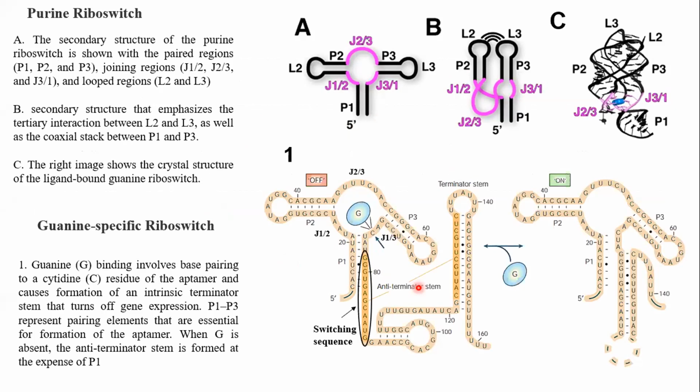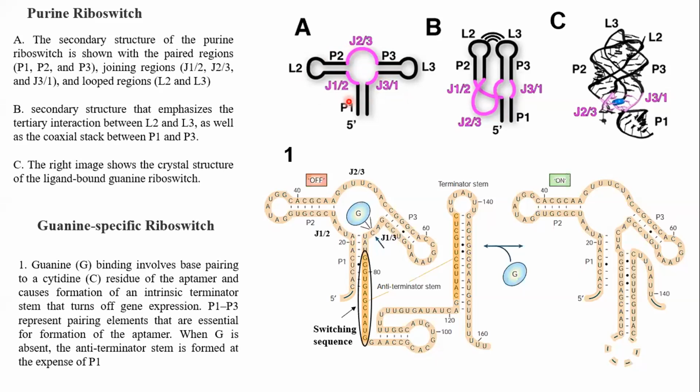These are the pairing regions, you can see stem loop structures, so they are paired regions called P1, P2, and P3. And these are joining regions. This purple region joins P1 and P2, so it is joining region 1, 2. This one is joining P2 and P3, joining region 2, 3. And this region is joining P1 and P3, so it is joining region 3, 1.